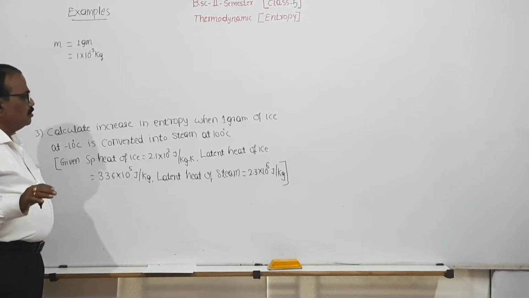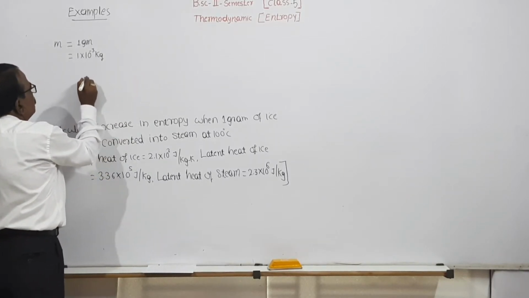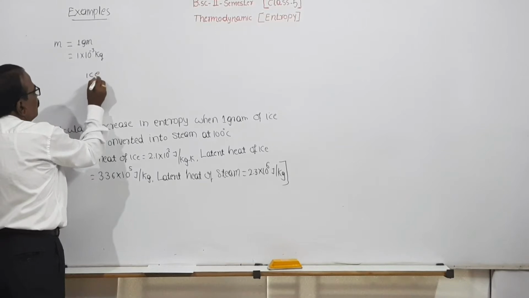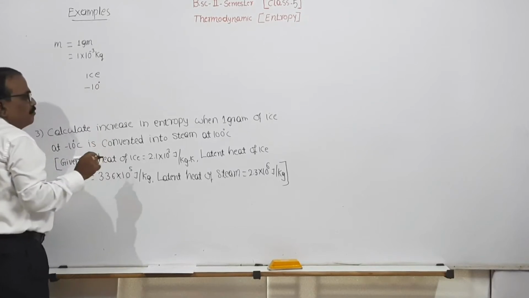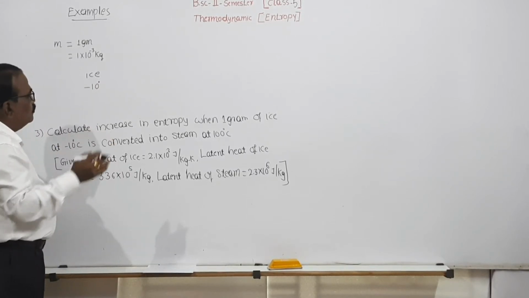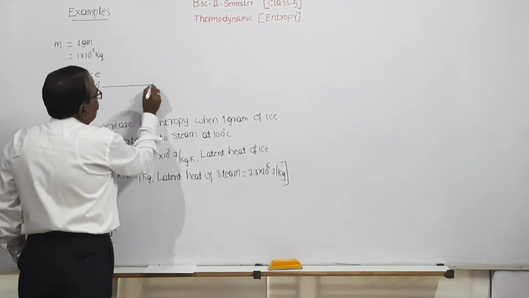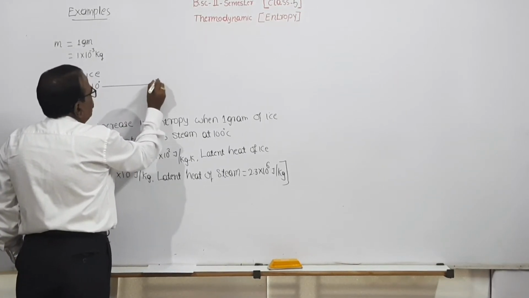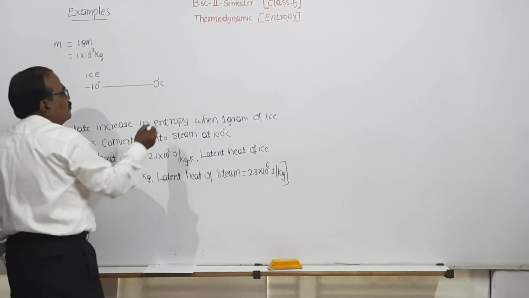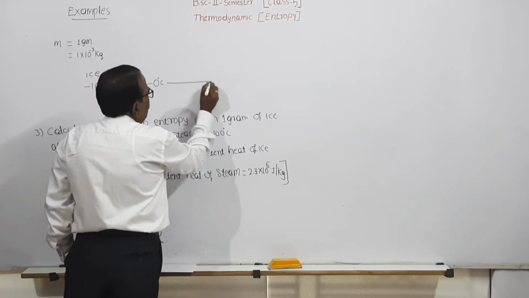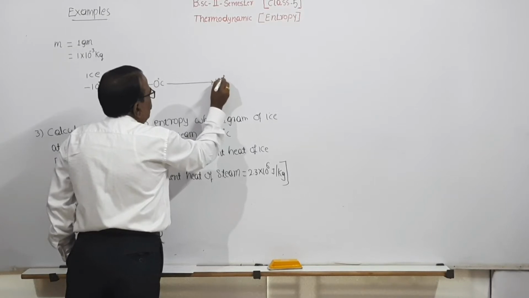So here totally 3 stages. One is ice at minus 10 degrees centigrade, and it has to first convert into water at 0 degree centigrade. Then after that it has to convert into steam at 100 degree centigrade.